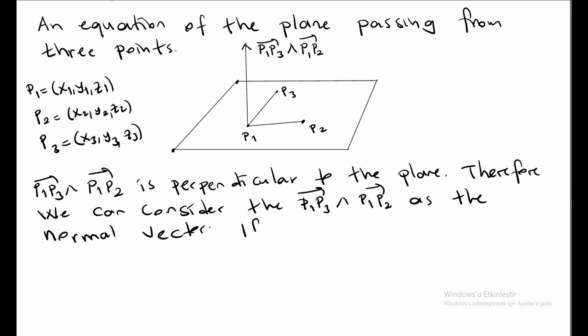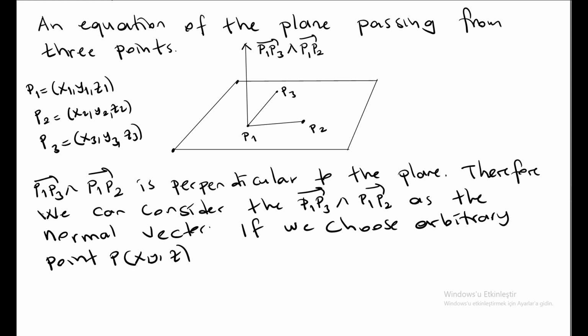So if we choose an arbitrary point (x, y, z) in the plane, let's say your arbitrary point is here, this one, then this will be perpendicular, right?